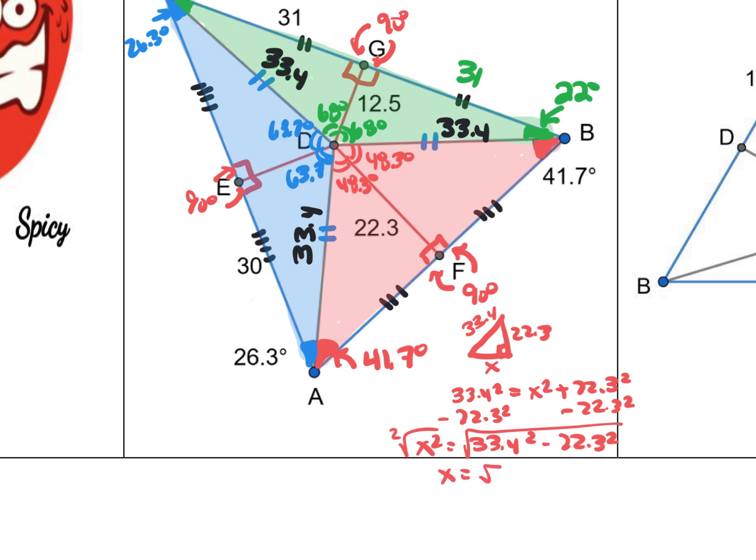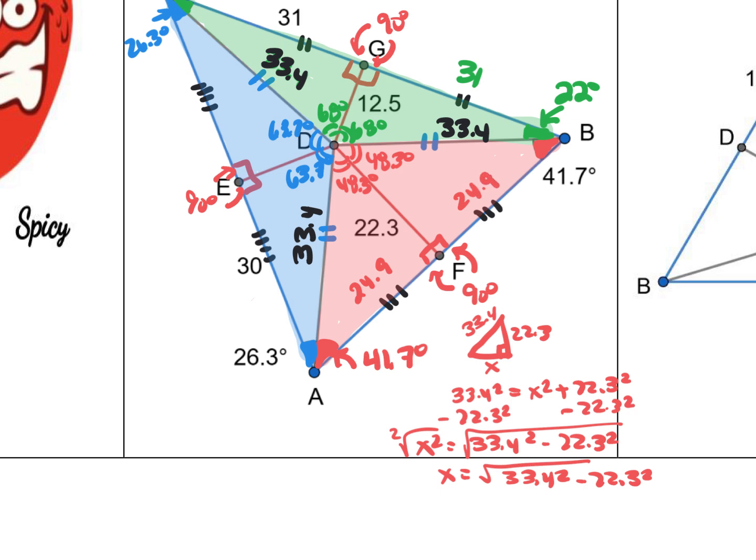So I've got x is equal to the square root of 33.4 squared minus 22.3 squared. And if I do that and put that in my calculator, I end up with 24.9. Now remember, these two red triangles, this one right here and this one right here, are congruent. So that means that 24.9 also goes here.